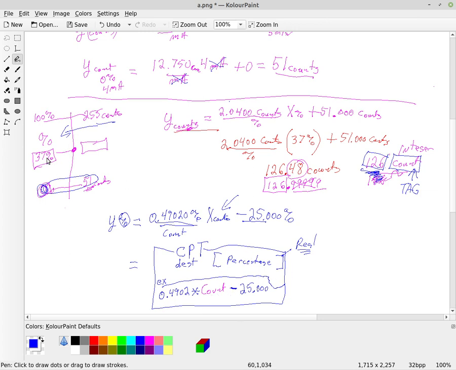And now remember, we actually came up with this count because I used this equation and said, well, 37% is going to give me a count of 126. So if count is 126, then our percentage tag now is going to hold the value if we punch this in.